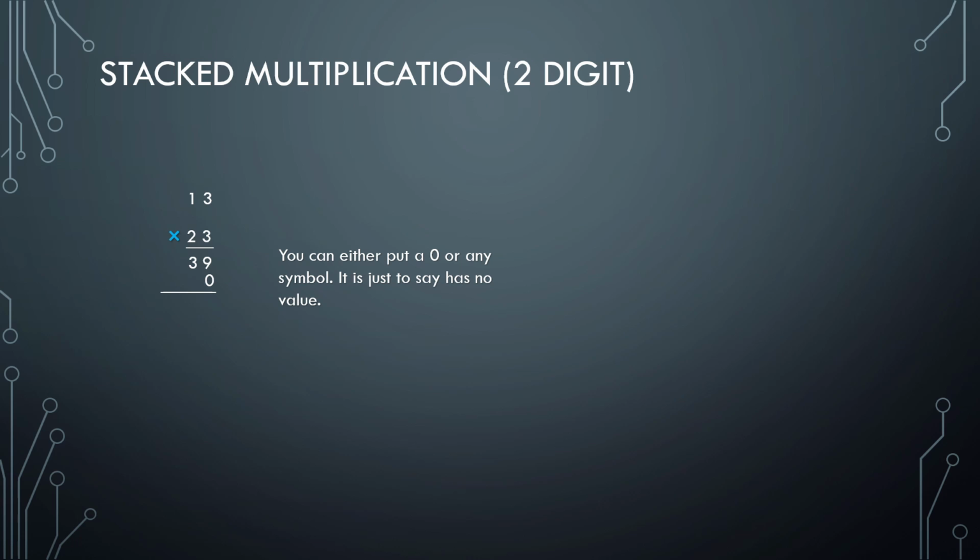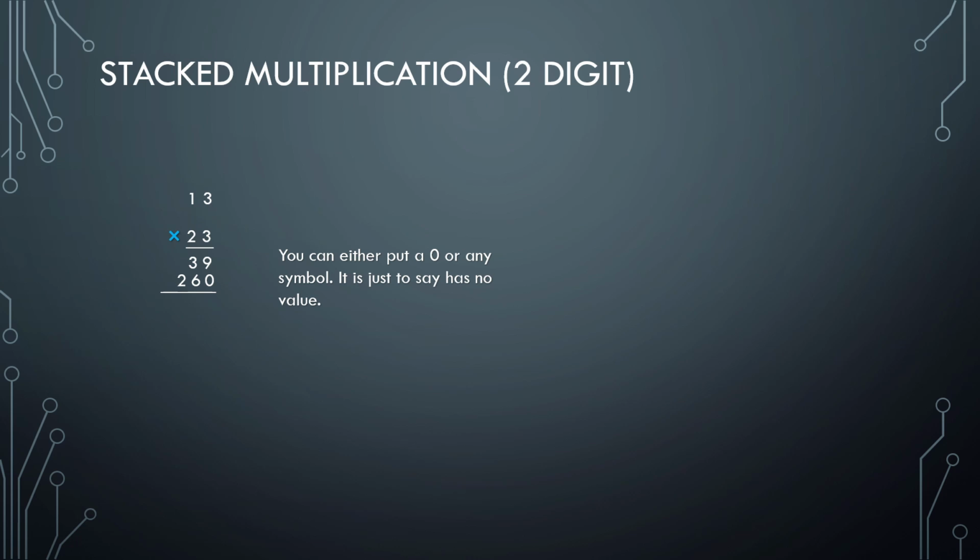Okay, after we have done that, the next step is to multiply the tens digit in the bottom row and the ones digit in the top row. The 2 times 3, this is a 6. Next, you do the tens digit in the bottom and the tens digit in the top, which gives us a 2. Now we need to erase all the lines.